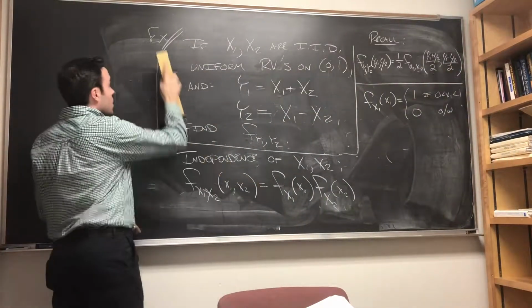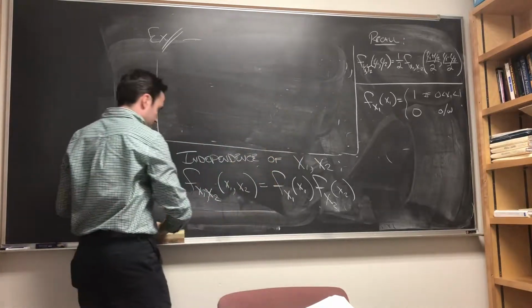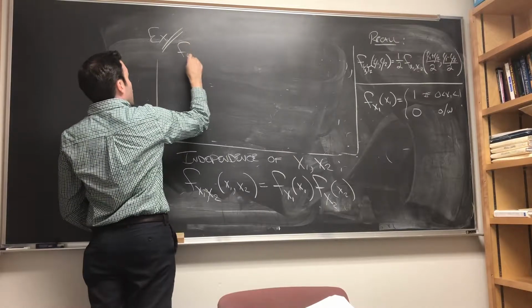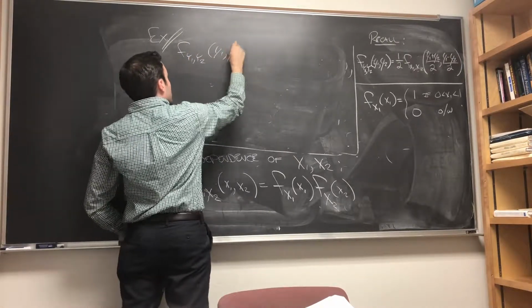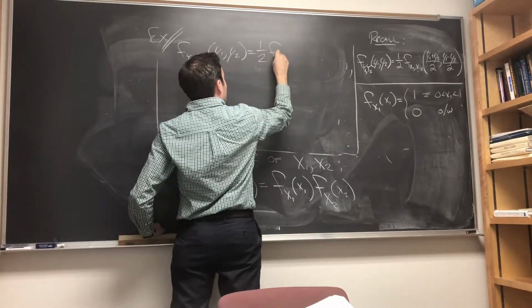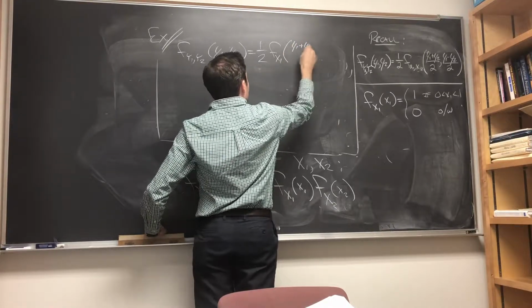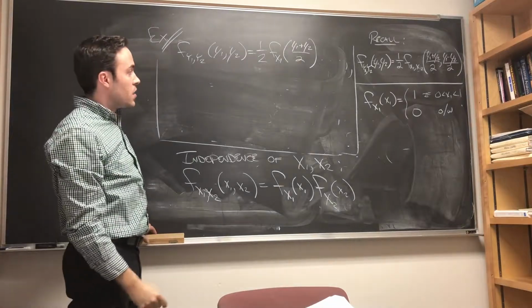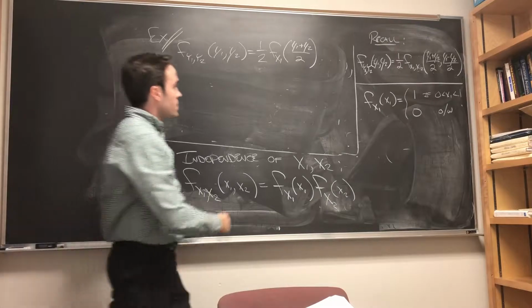So if we translate appropriately, f sub y1, y2 of y1, y2 is going to be 1/2 times f x1 of y1 plus y2 over 2, just translating lowercase x1 into lowercase y1 plus lowercase y2 divided by 2.